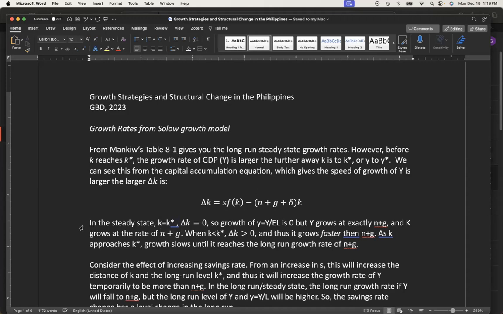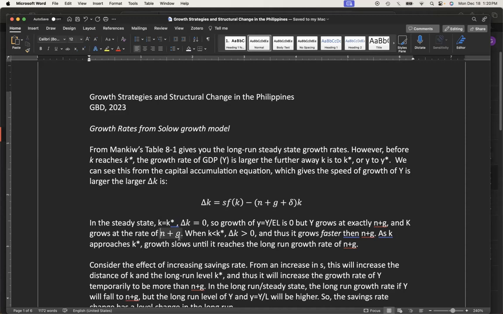So specifically, in the steady state, K is equal to K star and delta K is 0. So the growth of Y over EL is 0. But Y grows at exactly N plus G, and K also grows at N plus G. That's net of depreciation. So remember, every period, K goes away by delta.